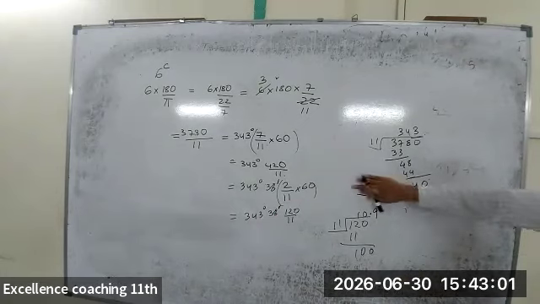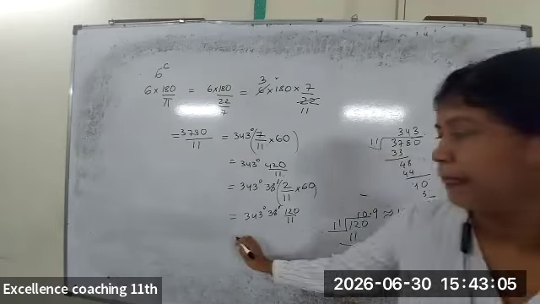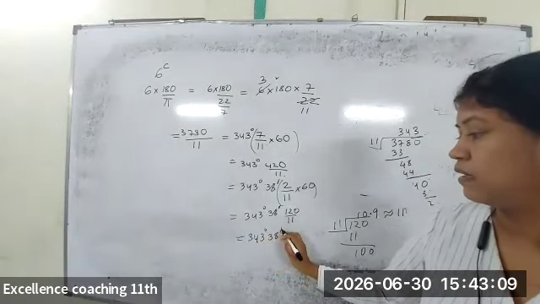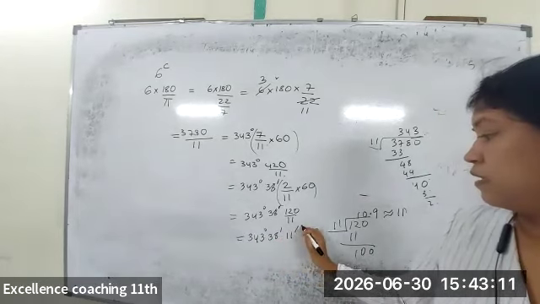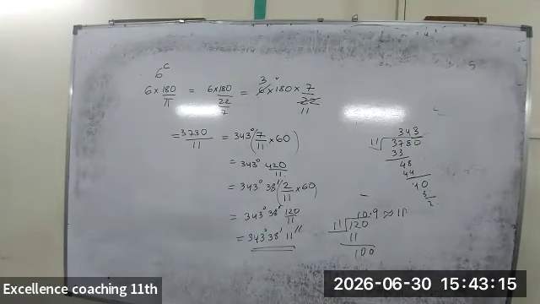So 10.9 will be rounded off to 11 seconds. And same way to the sixth one.